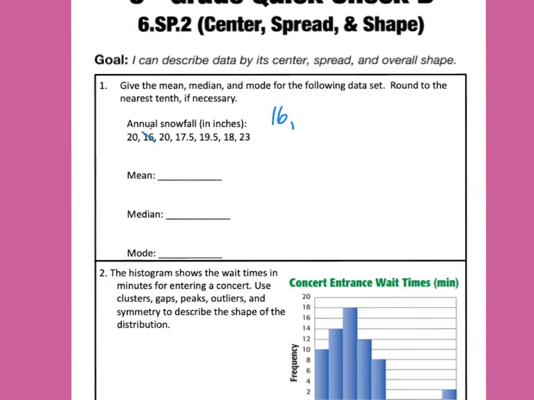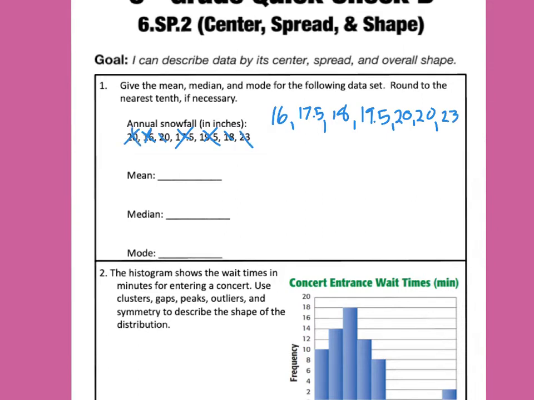And I like to cross them off so I don't look at them anymore. Then we've got 17 and a half. Then we've got 18. Then we've got 19 and a half. Then we have two 20s and a 23. So that's all of my data points.